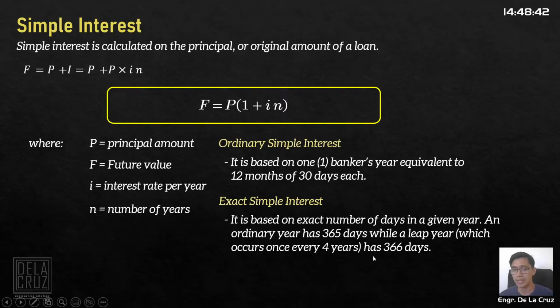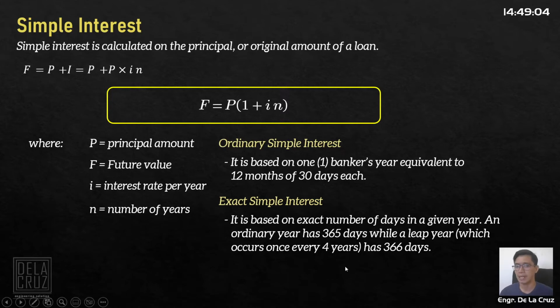Ito yung taon na yung number of days sa month of February is 29 days. Kung hindi siya leap year, 28 days only for the February. Pero basta leap year, we have 29 days, kaya merong dagdag na isang araw dito. 366 days.